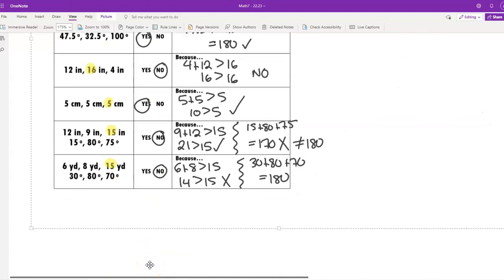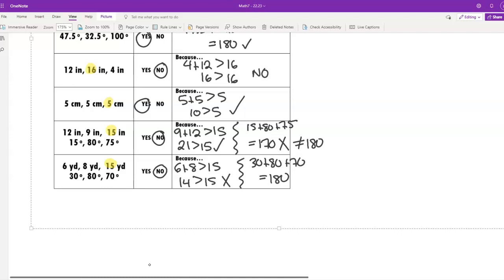All right. And then on the last 3, so the 5, 5, 5, well, that's also known as an equilateral triangle. If they're all the same length, it'll always work. But here's our proof. It fits the triangle inequality theorem. Now, for the last 2, you had to check both, right? Because if we just look at the side lengths, those side lengths work.